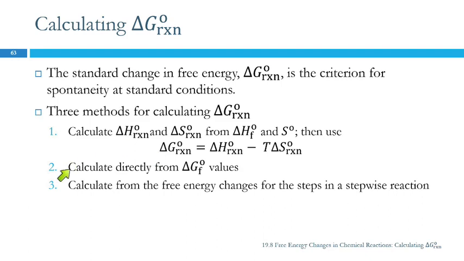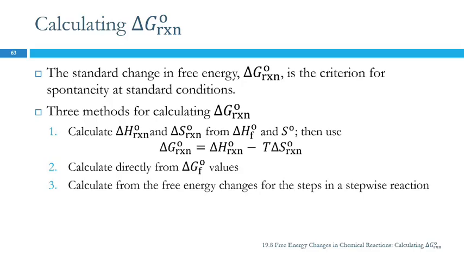We can calculate delta G directly from the change in free energy for the formation of the substance. We can also calculate it from free energy changes for the steps in a stepwise reaction.